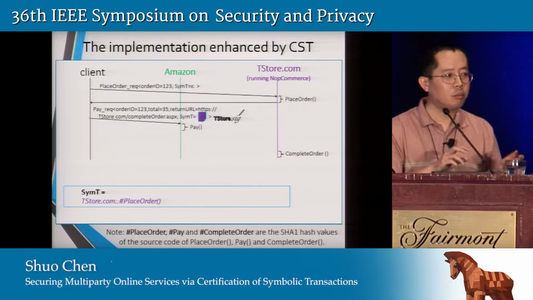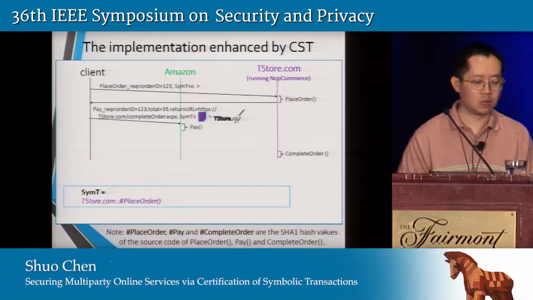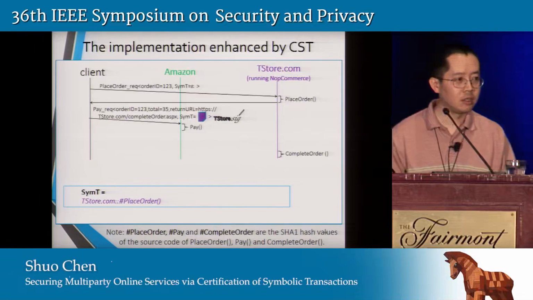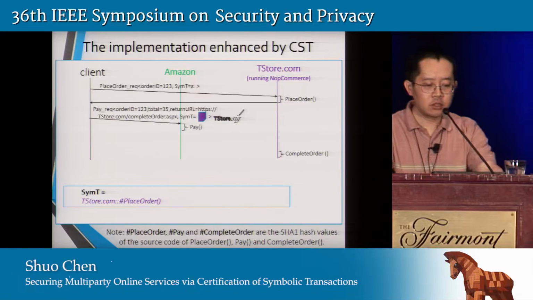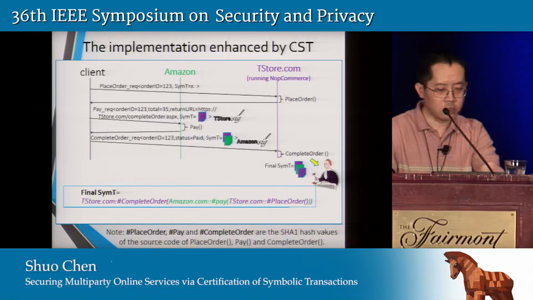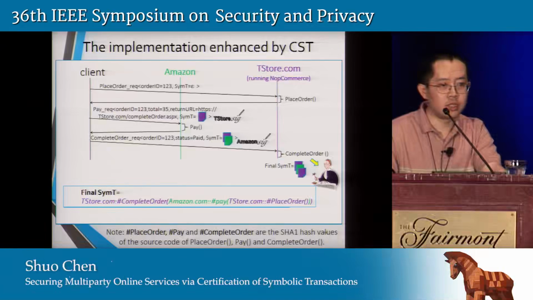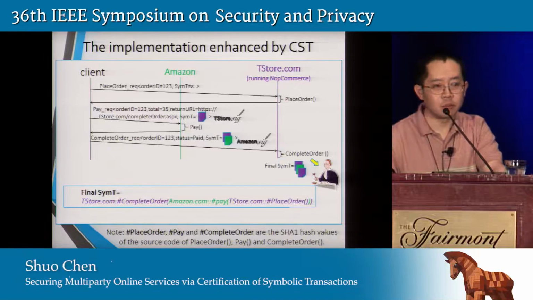Now this hash place order is the SHA-1 hash value of the source code of place order. So this transaction goes on, and eventually, after complete order is executed, the final SymT is this long string, which consists of the three steps.